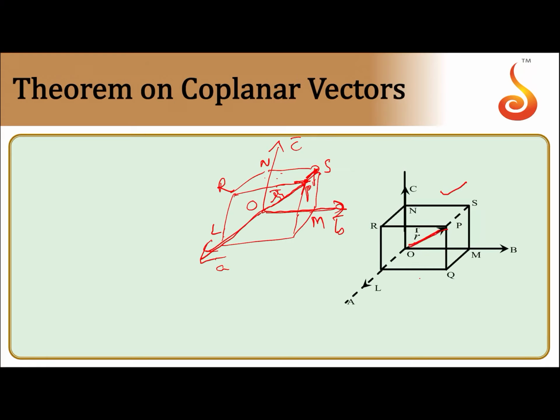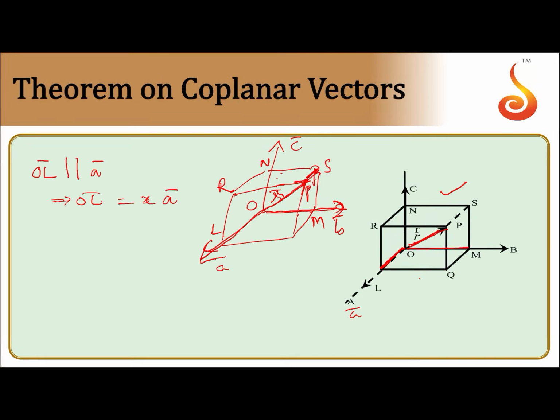Now in this diagram, if you clearly observe, don't you say that OL is collinear with A bar? OL is this vector and it is collinear with A bar. Therefore, OL can be written as some scalar times A bar.